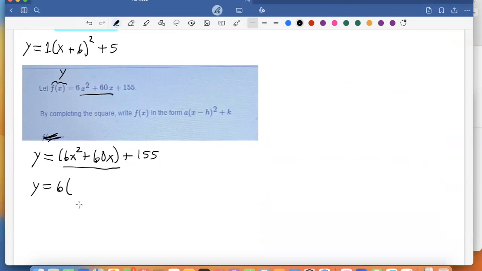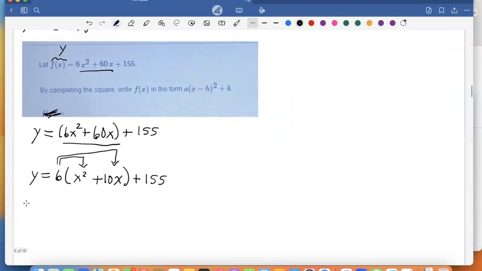And now I have to think about what should go in the brackets to complete the problem. 6 times what is going to give me back 6x to the 2? That would be x to the 2. And then 6 times what is going to give me 60x? Well, it's 6 times positive 10x. 6 times positive 10x would give me back the 60x. Next, we are going to add and subtract the magical number I talked about.